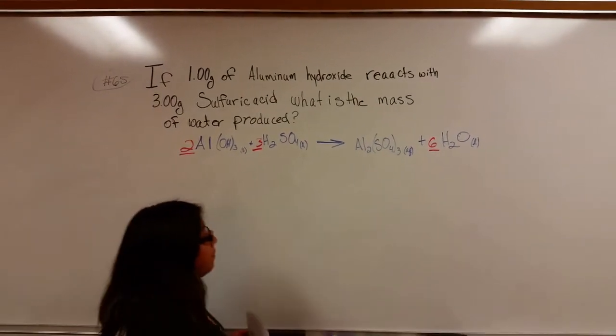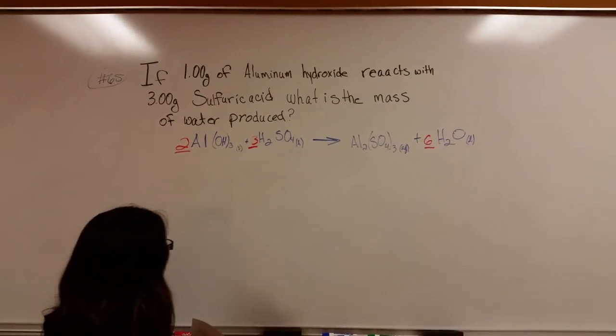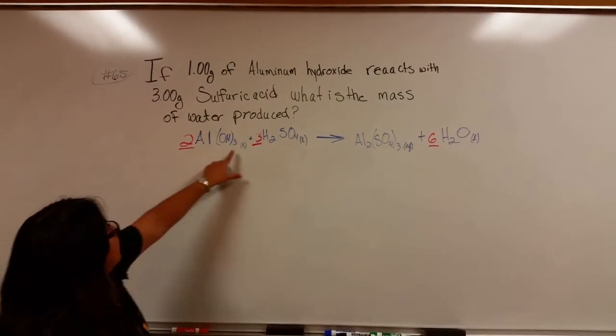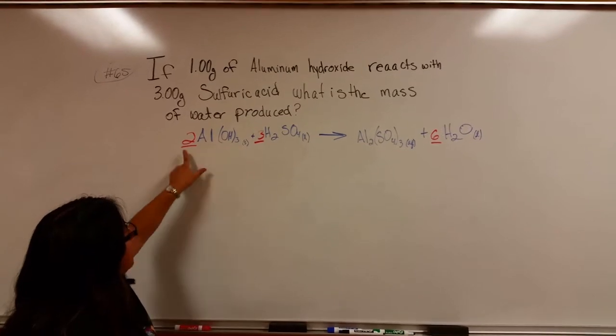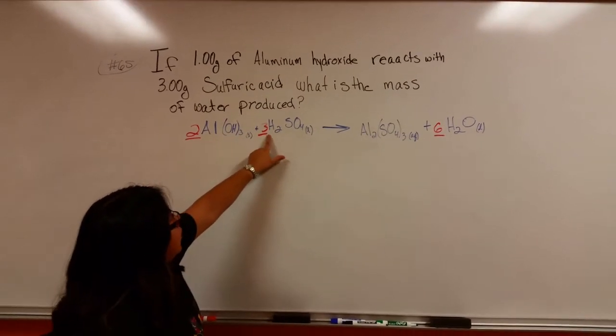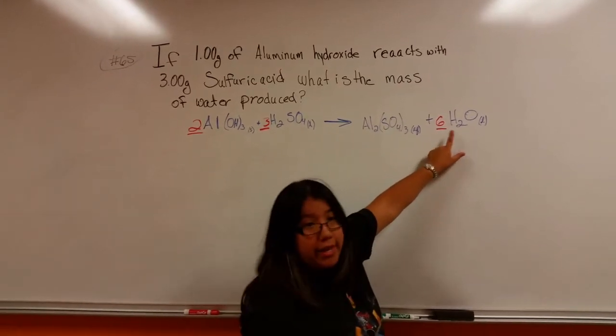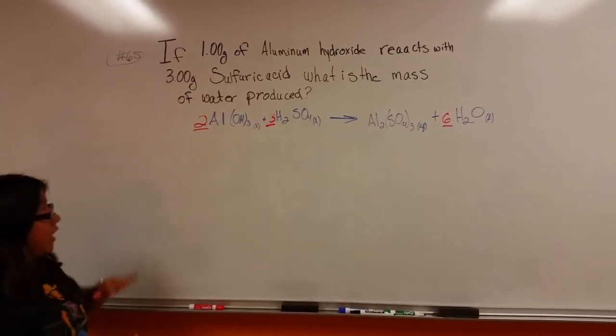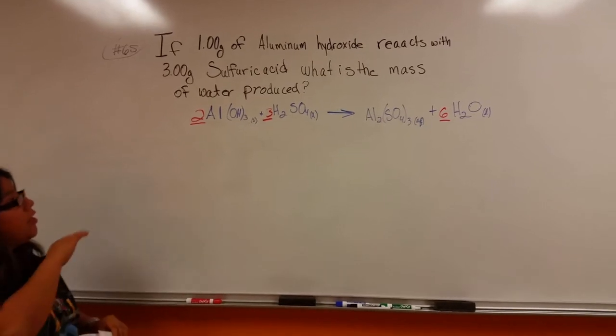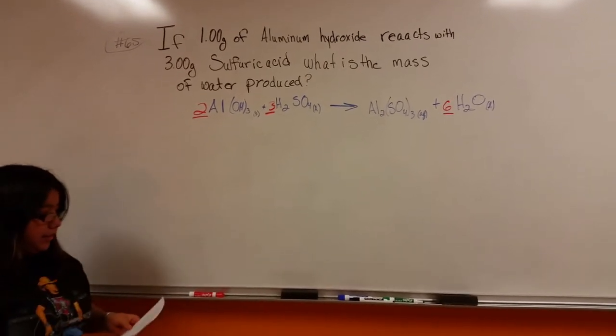So for example, we start off with 6 hydrogens here, plus another 6 hydrogens here, which is going to equal the 12 hydrogens that we get on the right side. And if you go through the equation, you're going to make sure that everything's balanced.